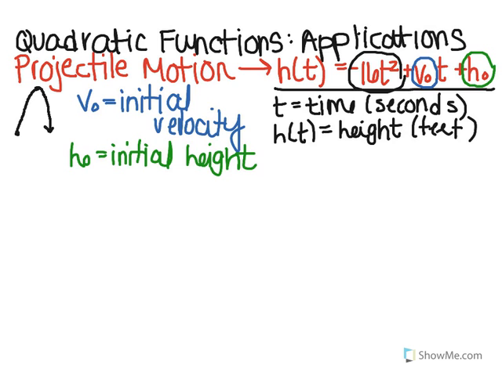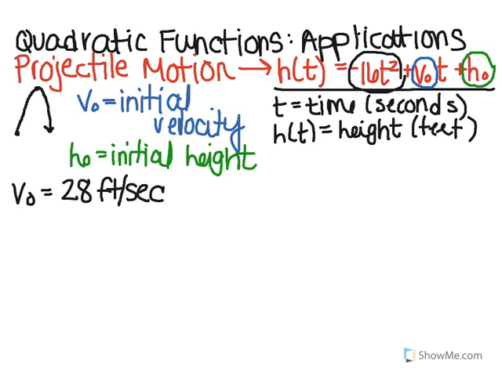So let's say, for example, we have an object that's thrown upwards with an initial velocity of 28 feet per second. So in that case, v naught would equal 28 feet per second.